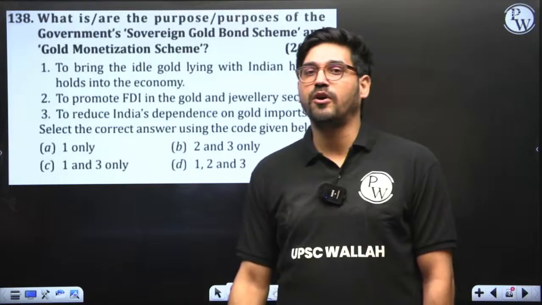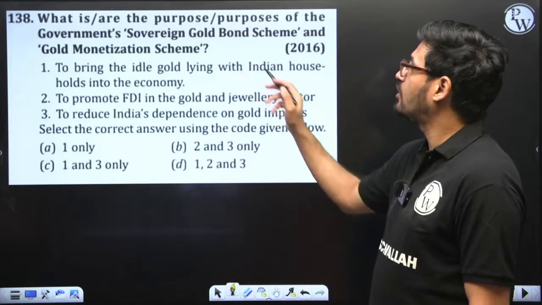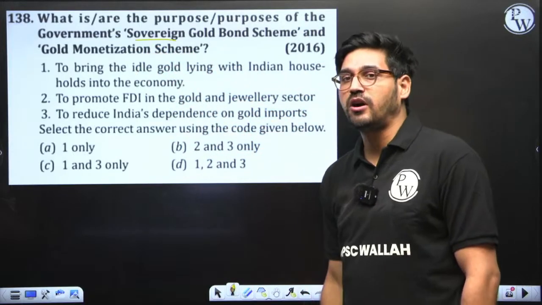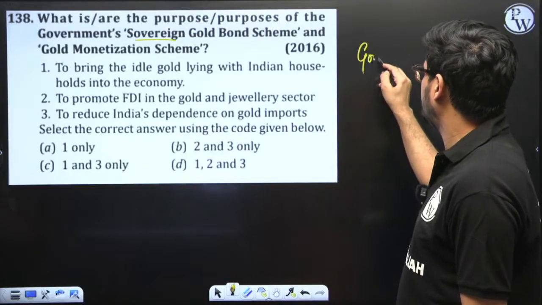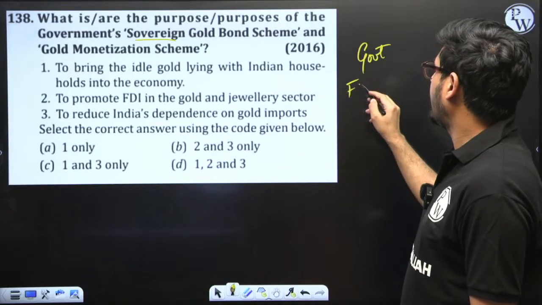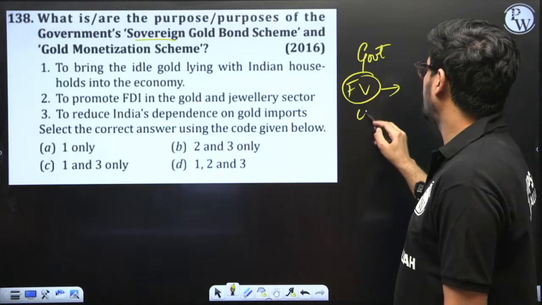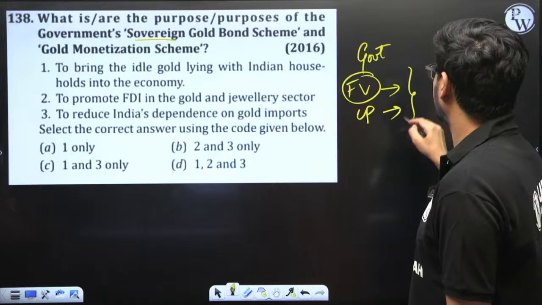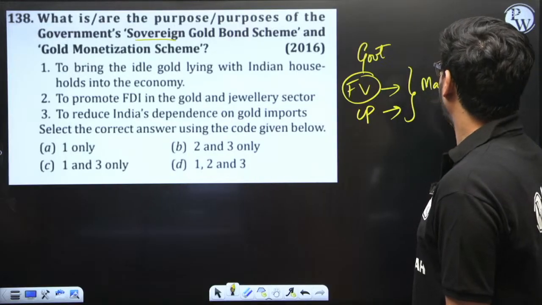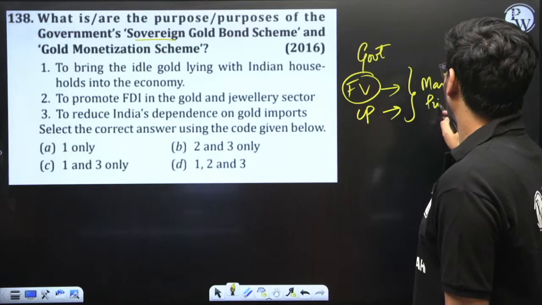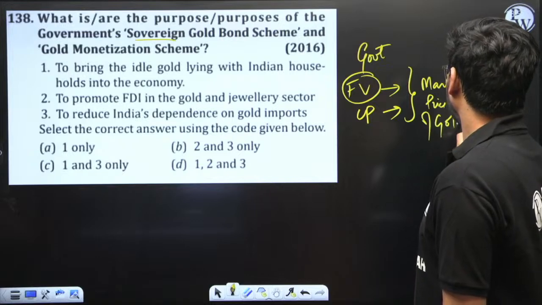A sovereign gold bond scheme. Because it's a sovereign bond, that means it is going to be issued by the government. The whole idea about the sovereign gold bond scheme is that the face value or the coupon payments will be linked to the market price of gold.